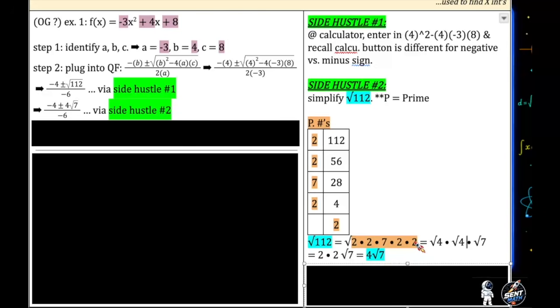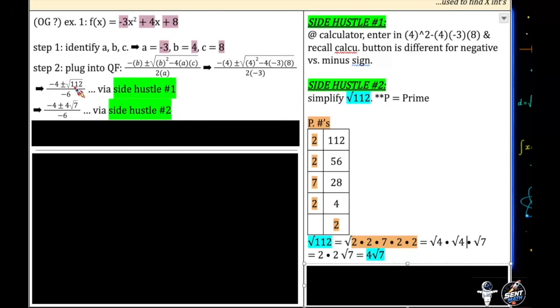Root 4 becomes a clean 2. The root 7 carries over here. 2 times 2 is 4, and again, the root 7 carries over. So that, folks, is how we get from root 112 to 4 root 7.